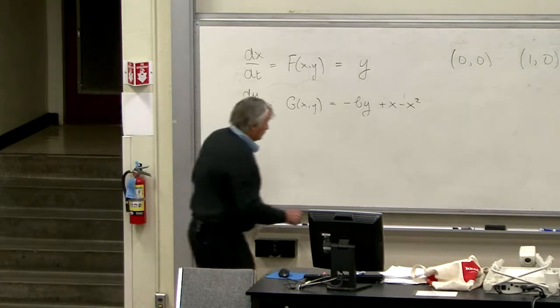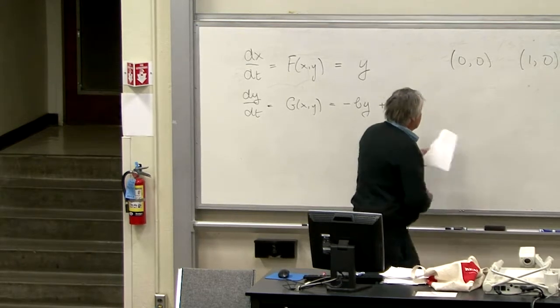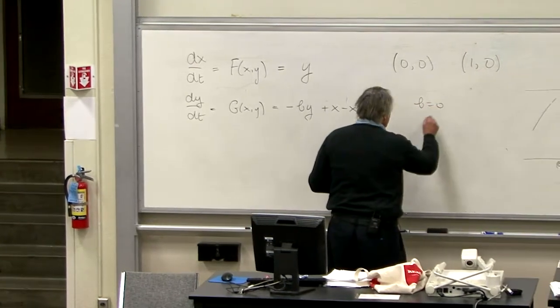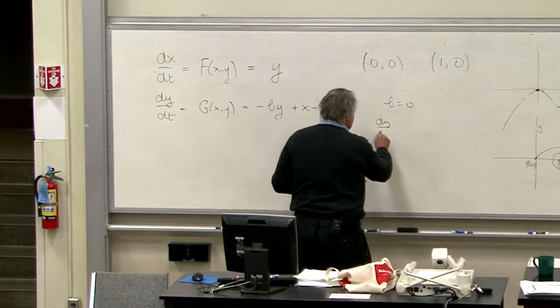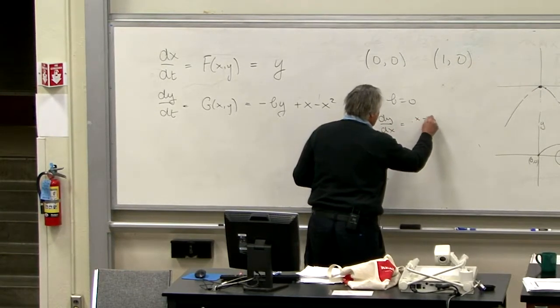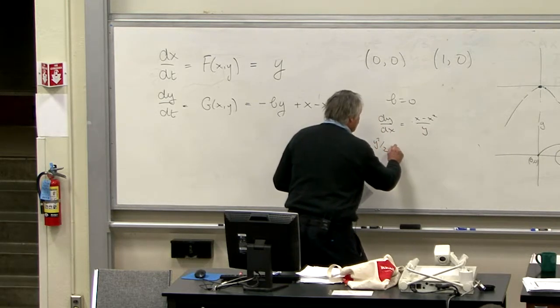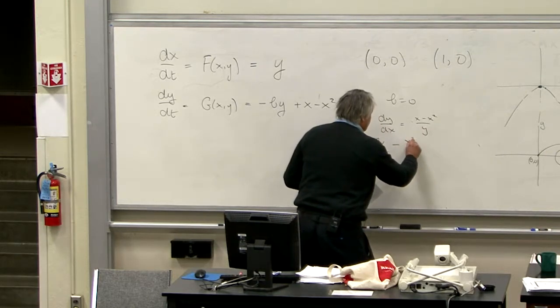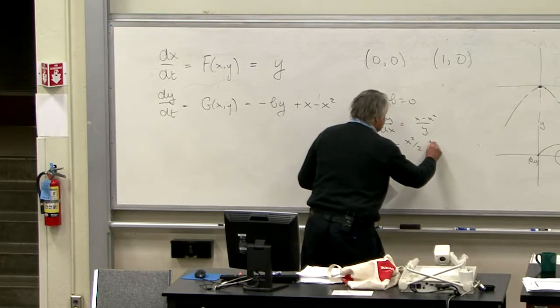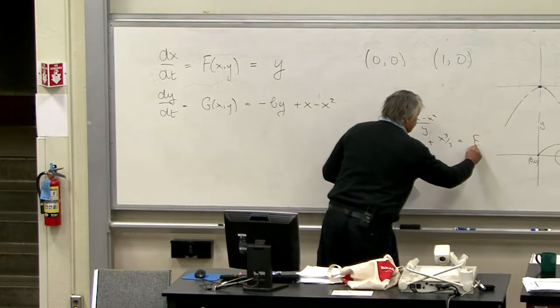If you remember, this is the case when b was 0. We've got dy by dx is x minus x squared over y. Integrating that up, I get y squared over 2 minus x squared over 2 plus x cubed over 3 equals constant.